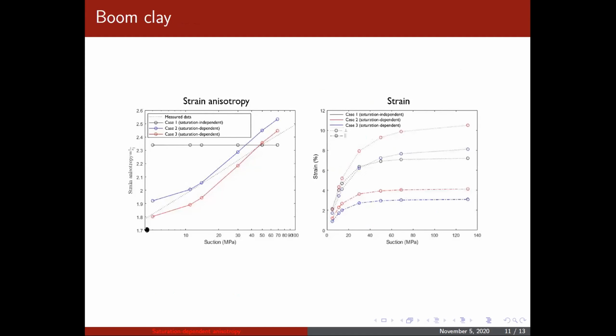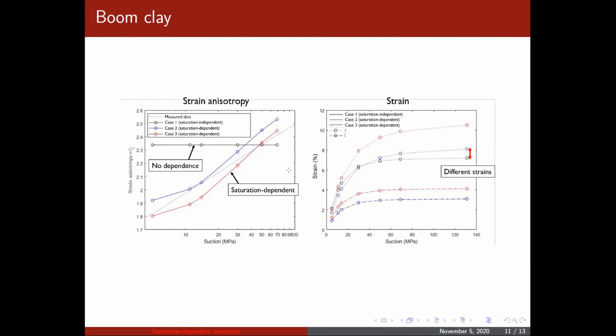We can see that if we do not consider saturation dependence in the material properties, the strain anisotropy stays constant throughout the suction, as expected, but then we would not be able to replicate measurements from the literature where the strain anisotropy increases with suction for certain soils, for certain rocks.